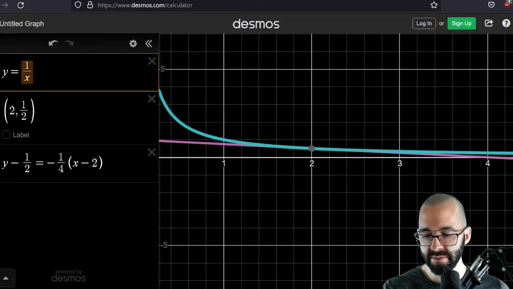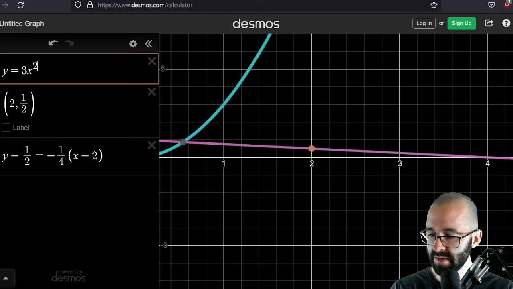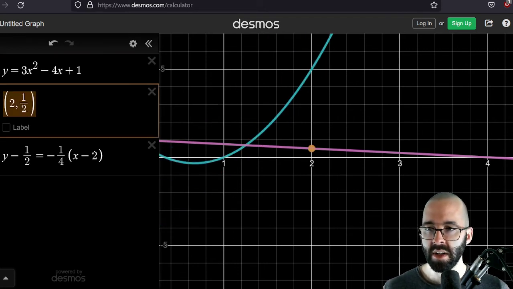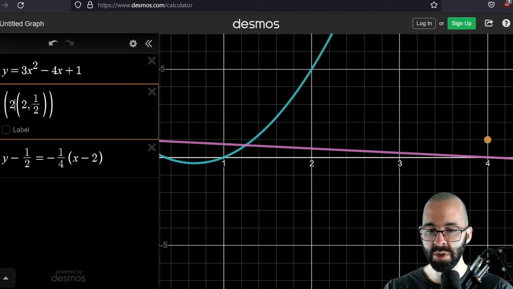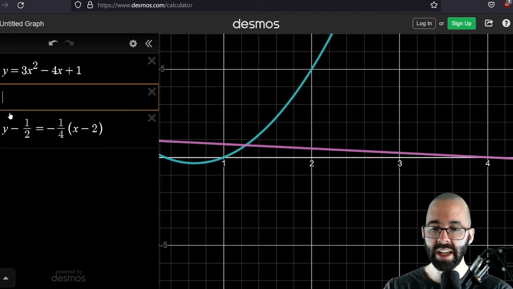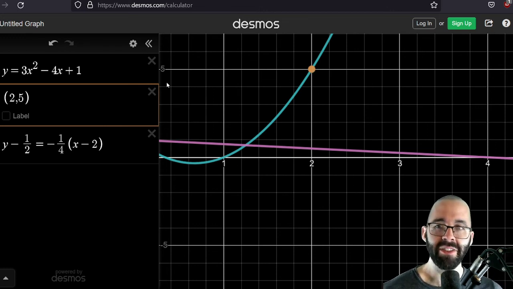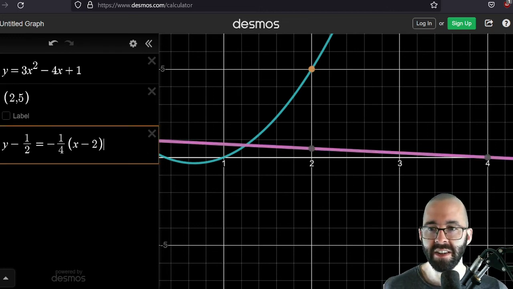This is the function y equals 3x squared minus 4x plus 1. We're looking at the point 2, 5. As a side note, it's really important that this point is on the graph. If this point is not on the graph, then we found the y value wrong.